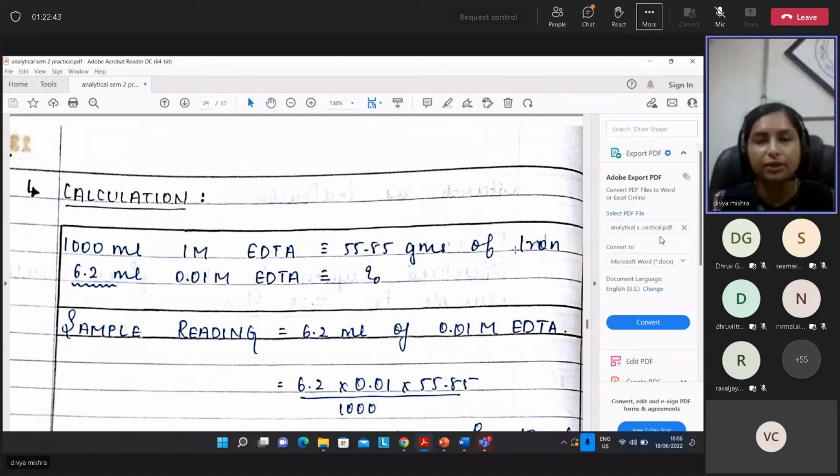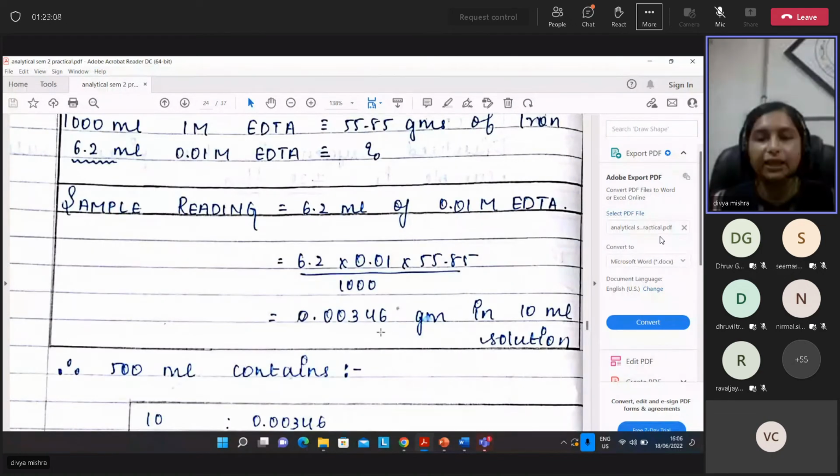Okay, तो जो भी हमारा वॉल्यूम आया है ब्यूरेट से, उसके लिए कितना चाहिए? So suppose it is X or V1 ml. So for that, V1 multiplied by आपने कितना नॉर्मल या मोलर EDTA बनाया? So that is, यहाँ इस केस में हमने 0.01 मोलर बनाया है. So we will multiply it with 0.01 molar multiplied with the molecular weight.